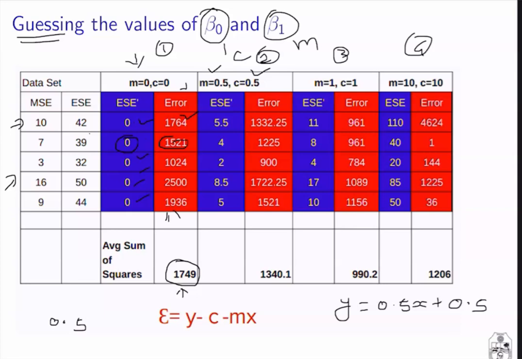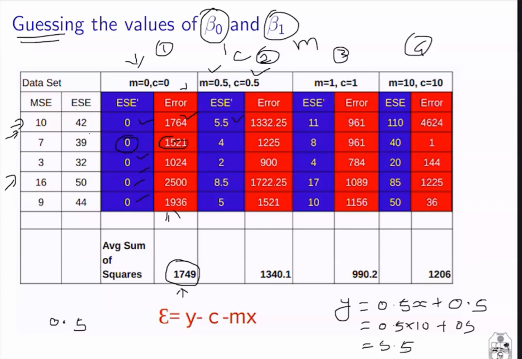In order to predict the end semester marks for the first reading, I take 0.5 multiplied by 10 plus 0.5, which comes to around 5.5. So the end semester prediction for the first data point is 5.